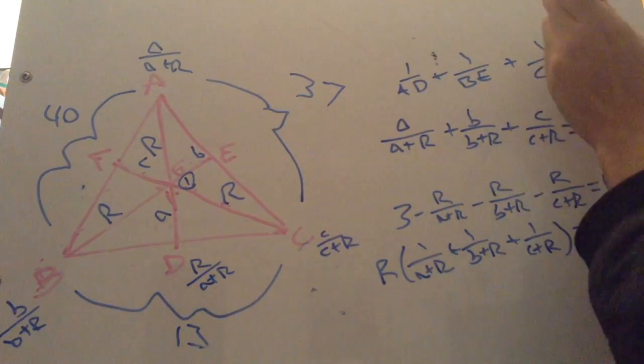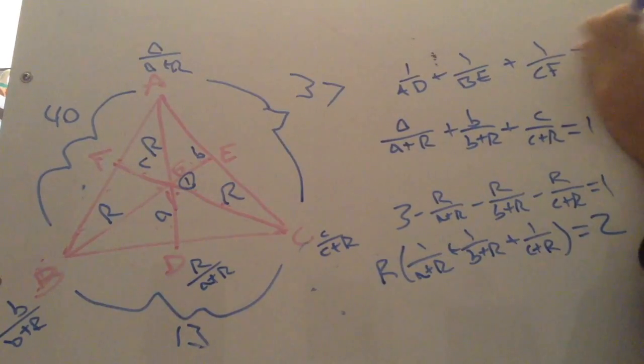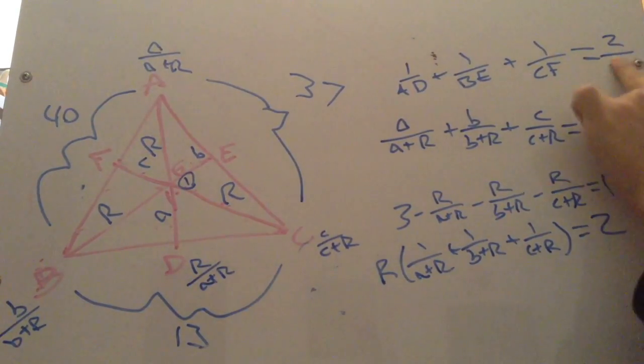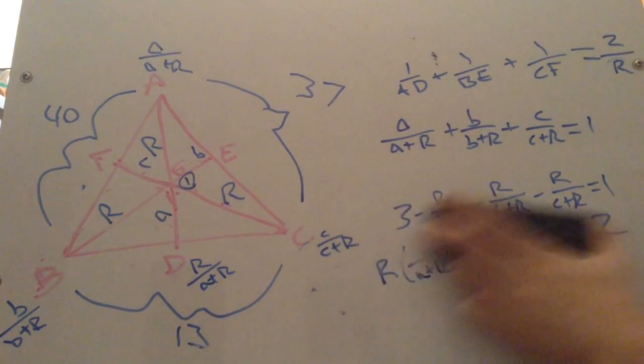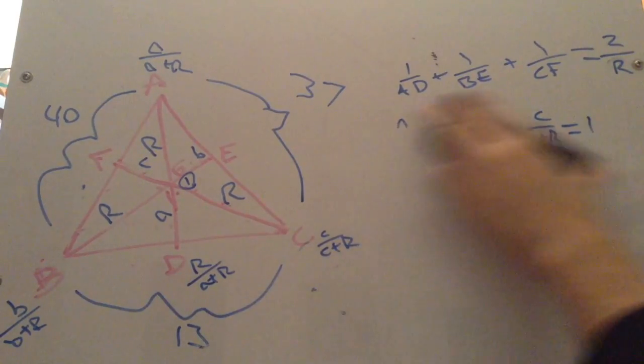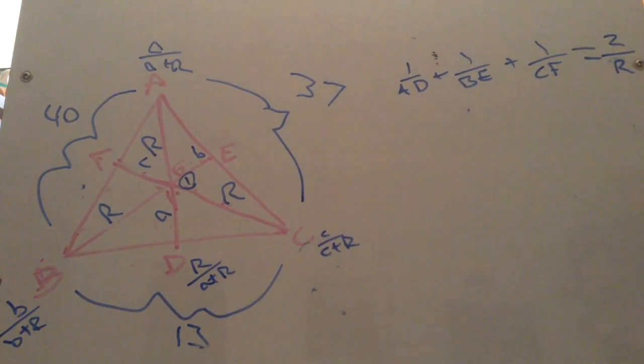So what we really need to find is the circumradius, so we can find 2 over R. But we don't know the circumradius, we just know these sides. So, how do we find the circumradius, you're asking?